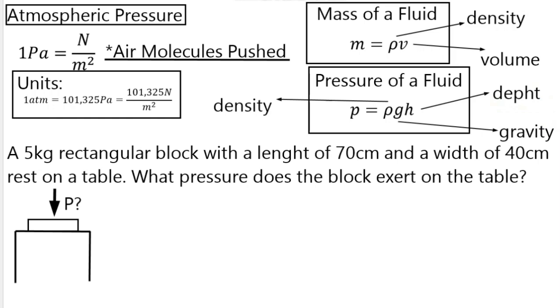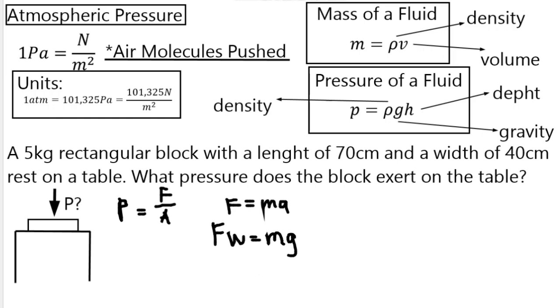Now let's calculate this first problem. A 5 kilogram rectangular block with length of 70 centimeters and width of 40 centimeters rests on a table. What pressure does the block exert on the table? We all know that pressure is equal to force over area. The force that is being applied here is mass times acceleration, second law of motion, and it is just the weight force, defined as mass times gravity.